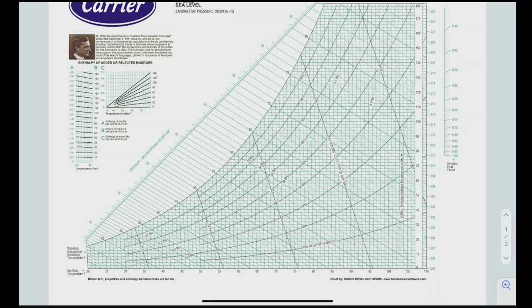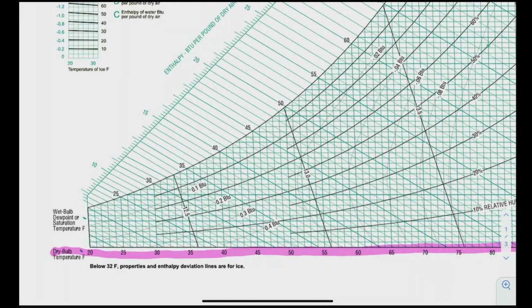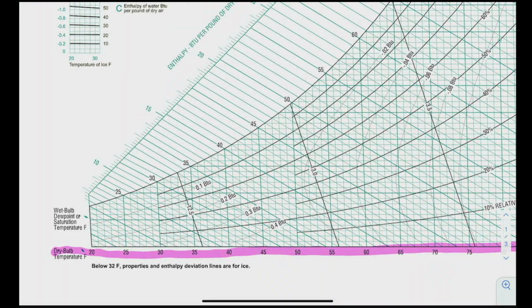So let's break down some of the components of the chart. I'll switch over to a highlighter and we'll see a lot of lines intersecting each other. But the lines that are interesting to us, first of all, are down here on the bottom horizontal scale. That's our dry bulb temperature, right?